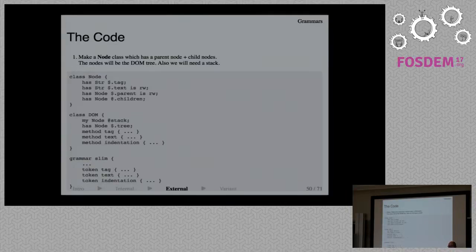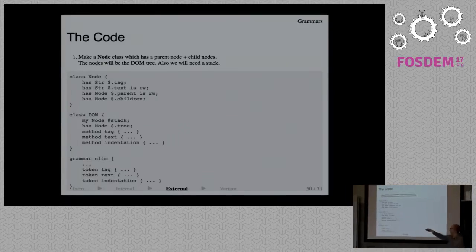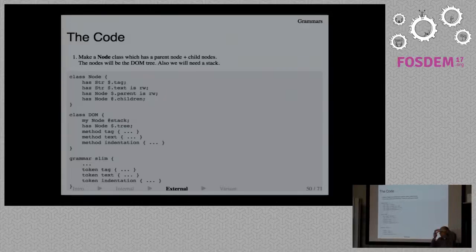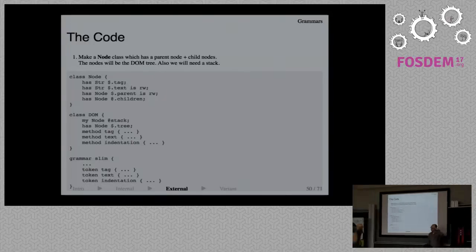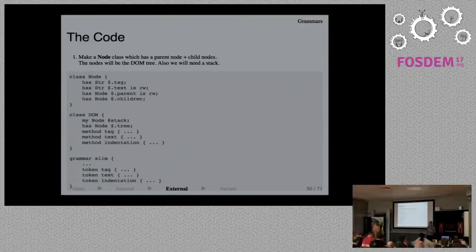The isRW means that there's going to be a read-write accessor, and we need that for text because we're setting the text after we put it on the stack. And then we have a parent, which is another node, and we have an array of children. So this is a tree data structure where you have pointers in both directions, right? You have a pointer to your parent, and you have an array of children.